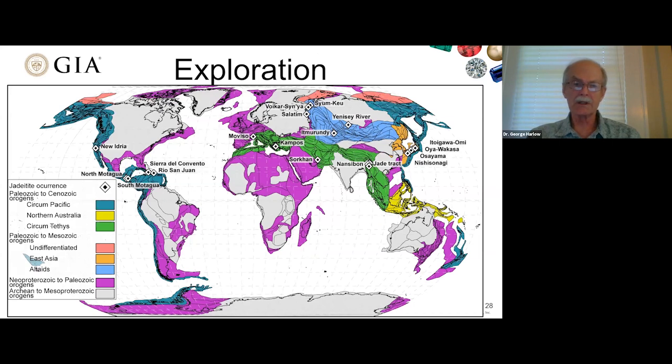So here's a complete map of the world, basically color-coded by geological terrains of different ages. Most of the things that we find are relatively young in this blue belt and the Circum-Pacific belt. The oldest material is up here in the polar Urals.